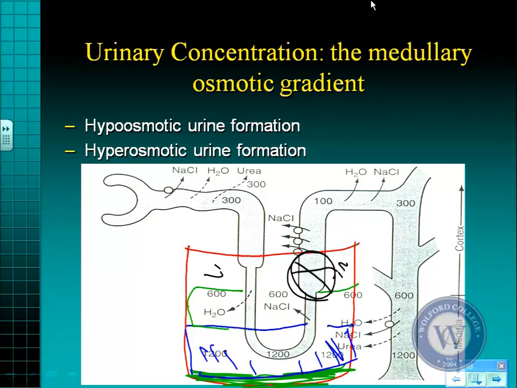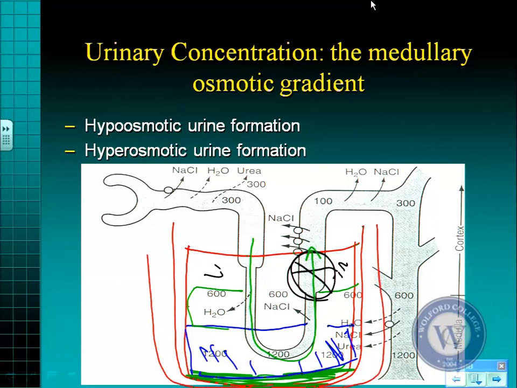Okay? Now, what also maintains this gradient, what keeps it going, is a counter-current blood supply. Okay? Counter-current. So when urine is going in one direction, the blood supply around the bucket is going in the opposite direction. Why would that be important?